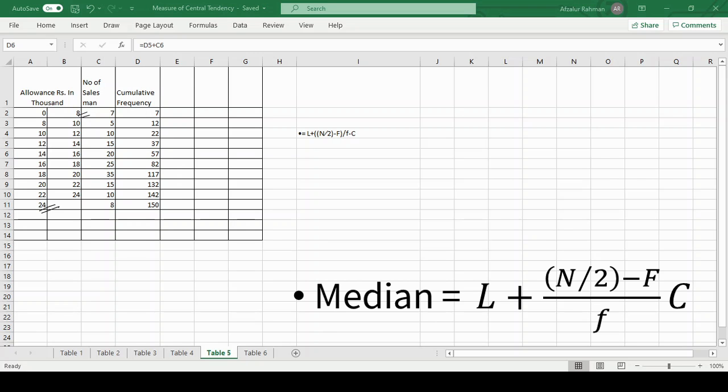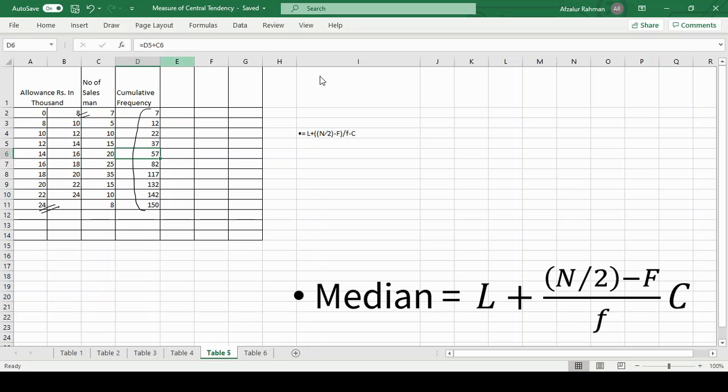Go to the formula. L is the lower limit of the median class, then n by 2, then F, the frequency. So let's use this formula to calculate here. Tell me what the median is here. The cumulative frequency total is 150.